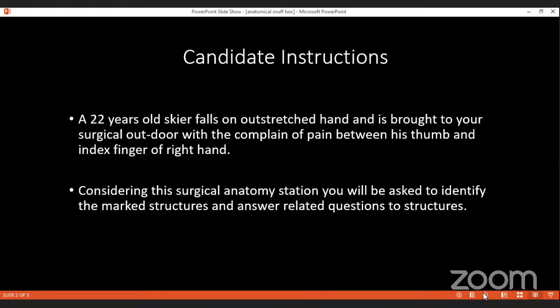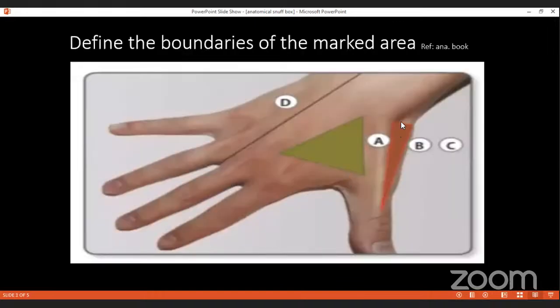Can you please identify this orange area? This is the anatomical snuffbox. Okay. Can you tell me what are the most likely structures which can get injured if a patient complains of pain on palpation at this region?